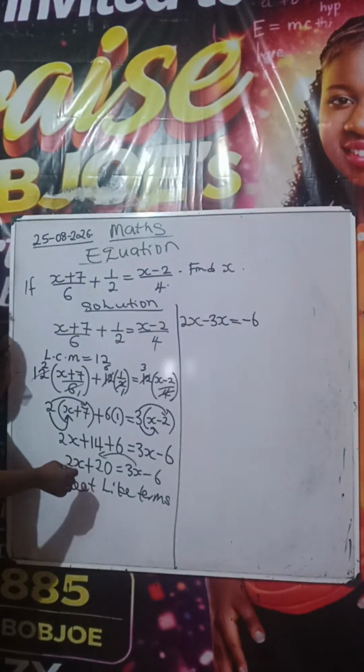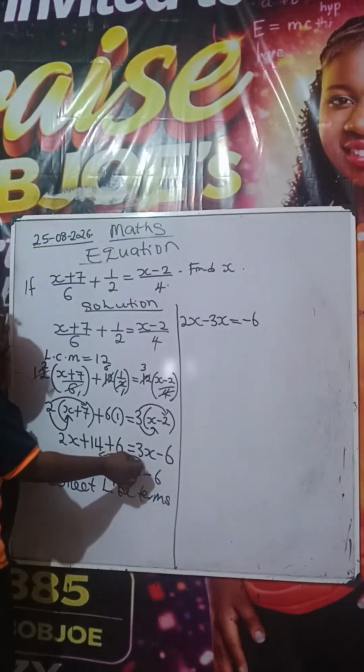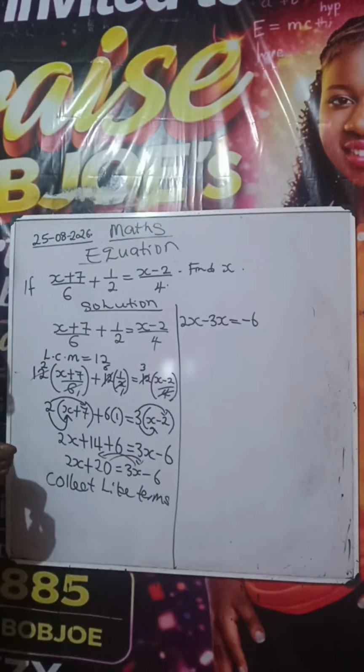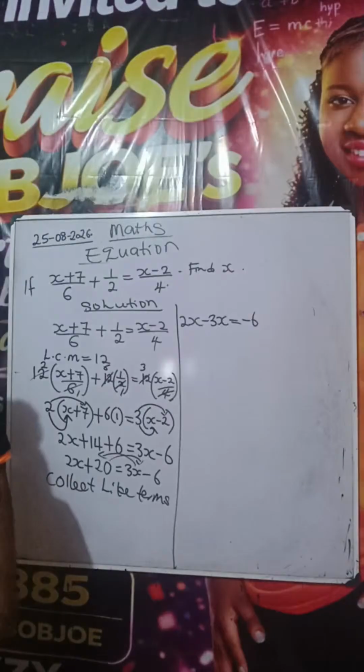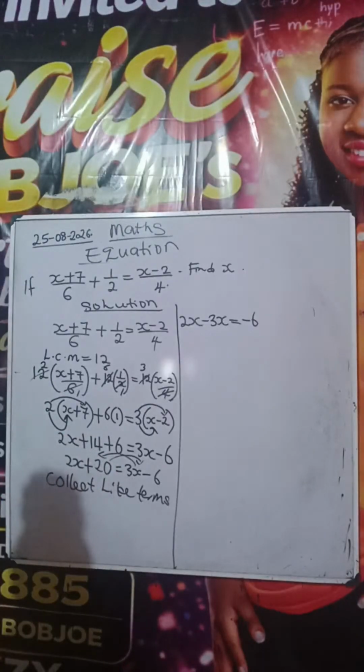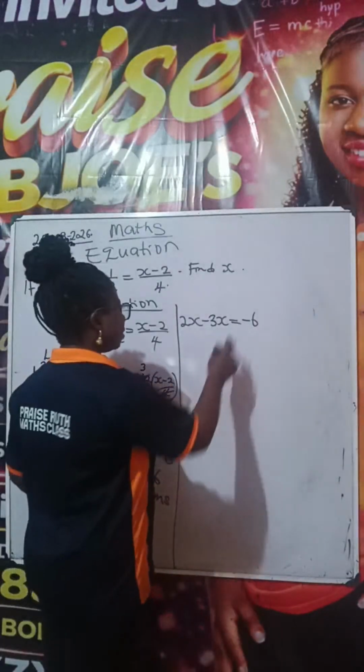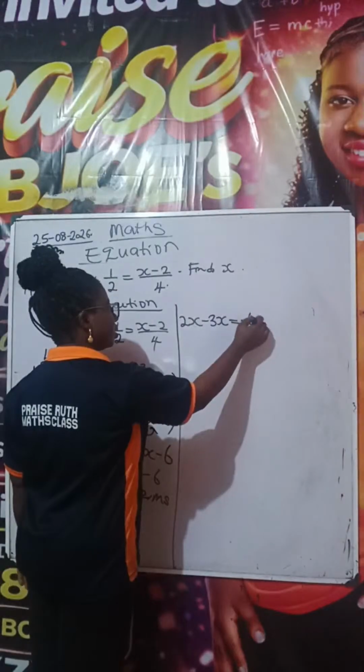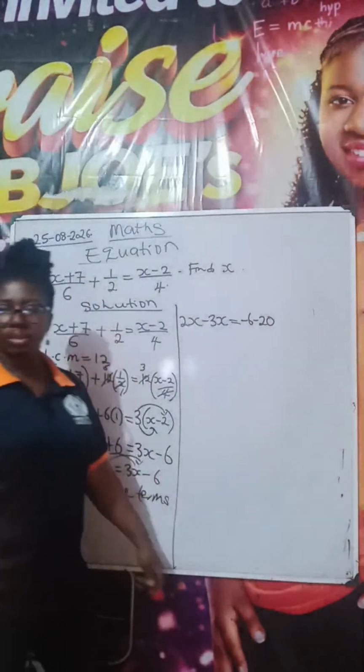Then I'm taking 20. If I move 20 to the right, will it be plus or minus? The 20 is going to be negative. We are getting it as minus 20. So we have minus 6 minus 20.